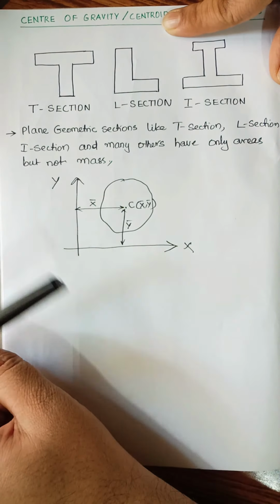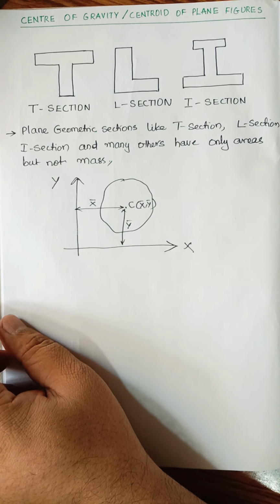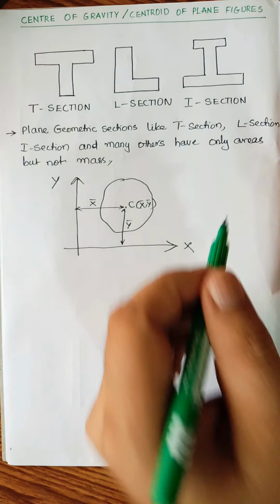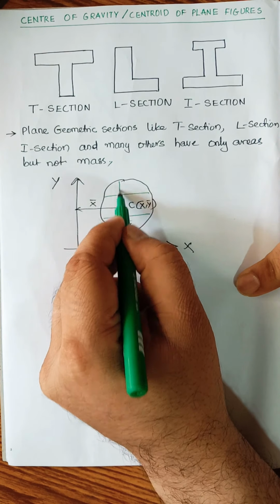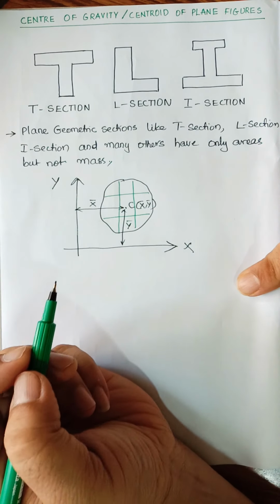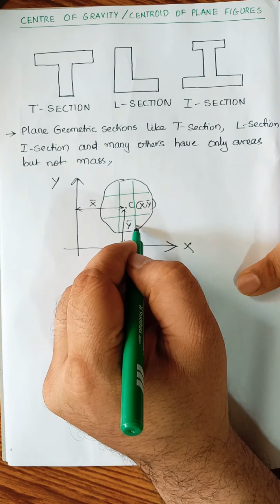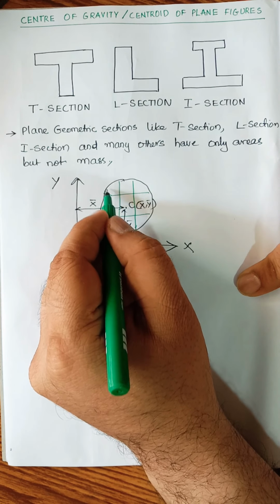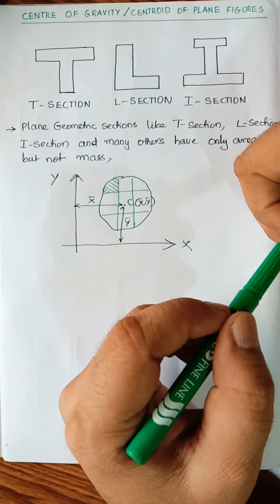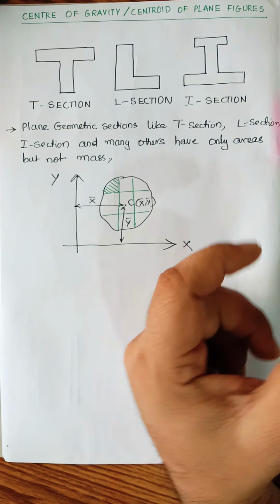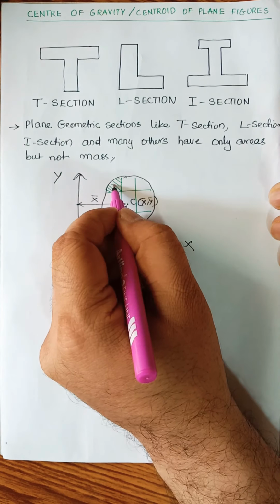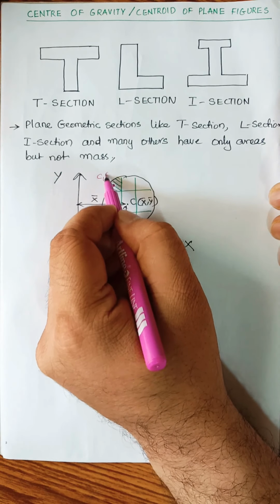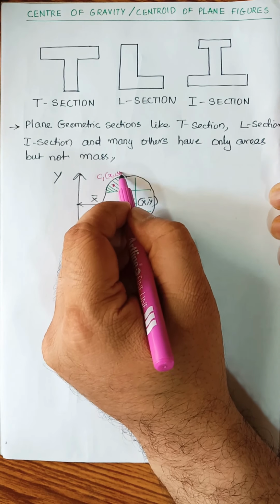Now, in order to find out x bar and y bar, I'm just going to divide this entire section into a number of parts. In this case, I'm dividing it into 9 parts. Each part, for example the first one, has its own center, or you can also call it centroid. I'm taking that as C1 whose coordinates are x1 and y1.